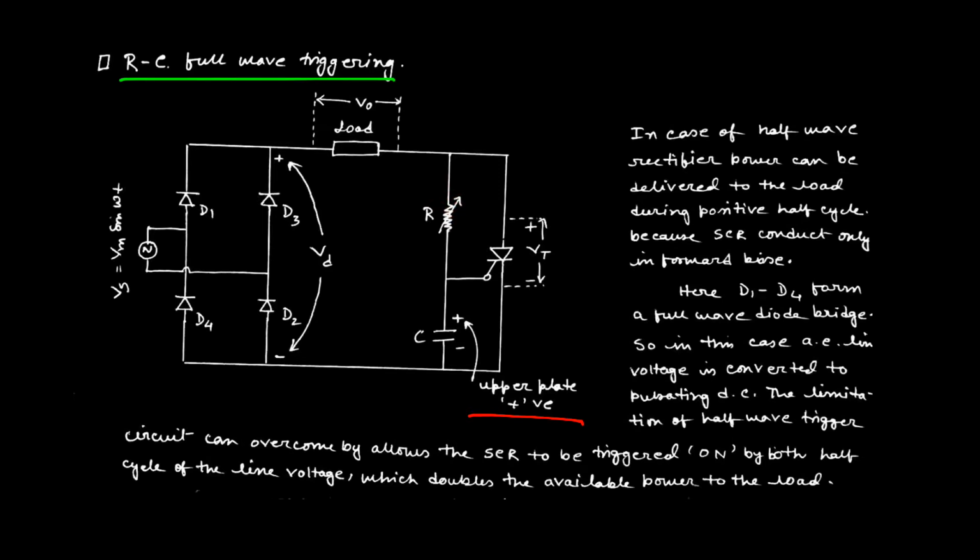On the other hand, if we want to charge the capacitor slowly with some delay, we should adjust it to a high value. That is why by changing this variable resistance, we can change the capacitor charging time.